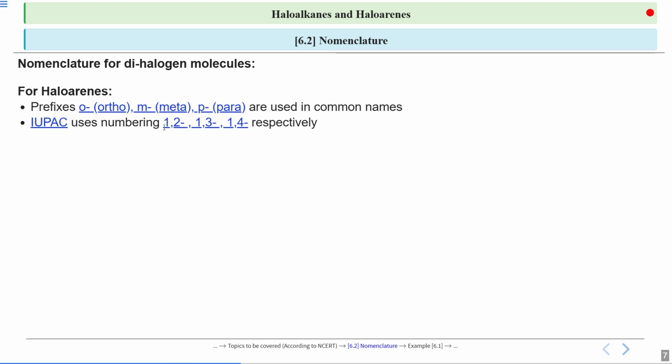That means at the first position there is a halogen, at the second position there is a halogen. Okay, so for ortho we use the numbering 1,2 in the IUPAC name. For meta we use 1,3, for para we use 1,4.